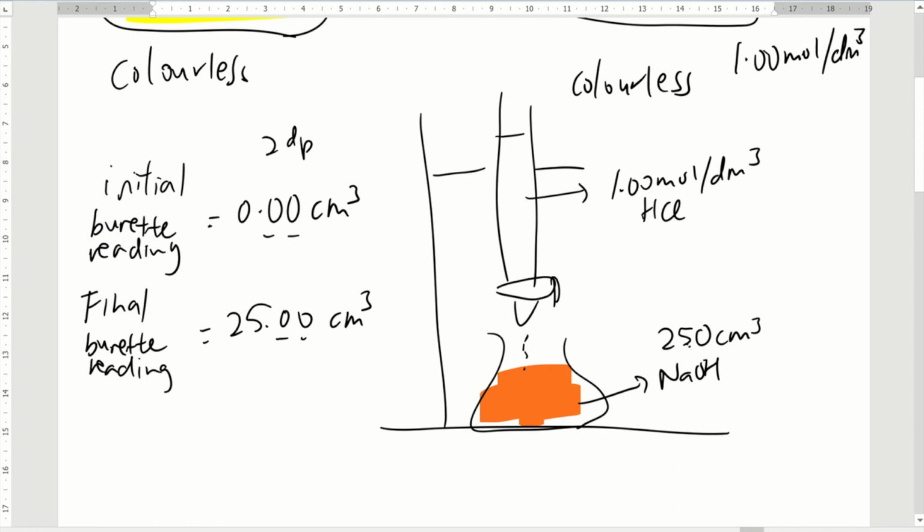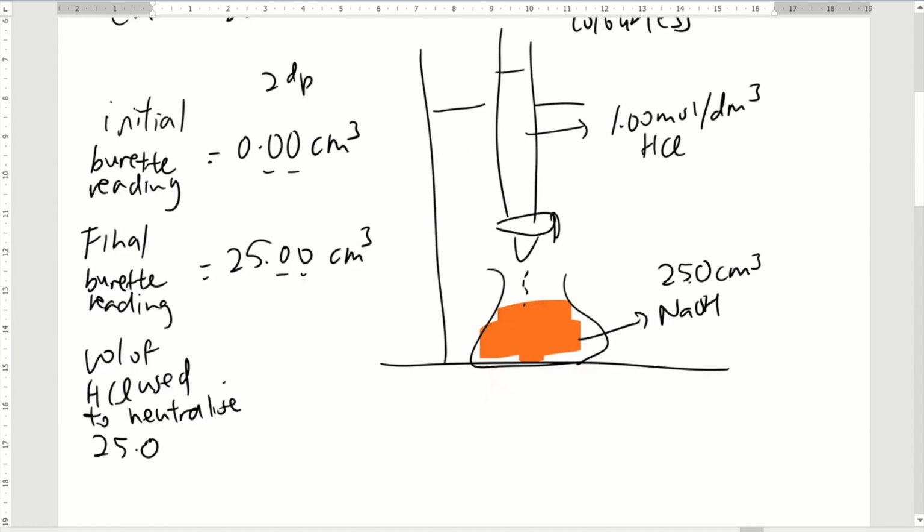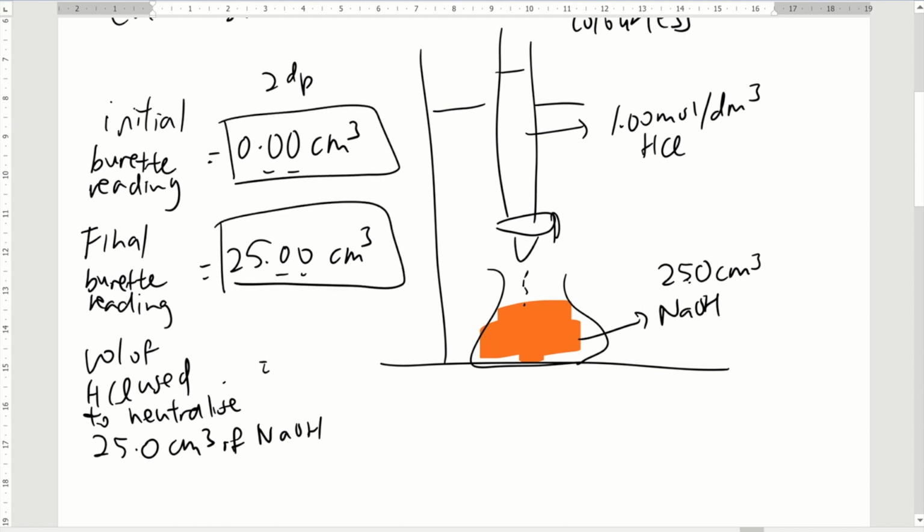So my question to you is, what is the volume of HCl used to neutralize 25.0 cm cube of NaOH? You will use the final minus the initial, and you'll get 25.00 cm cube.